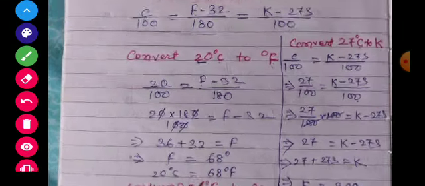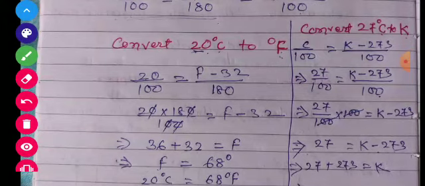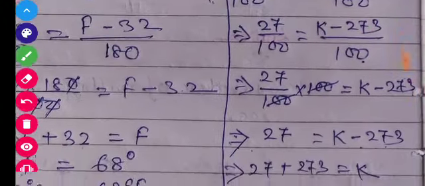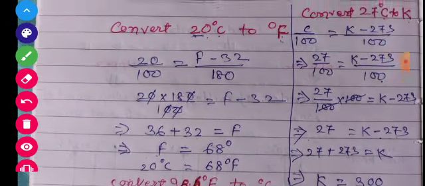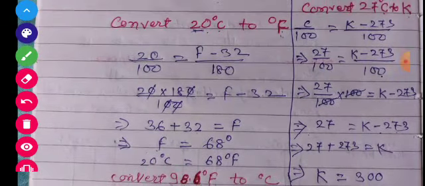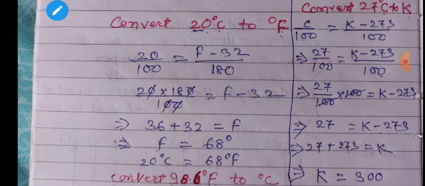We can convert this 27 degrees Celsius to Kelvin. In this case, students, if we want to convert it, for this one we'll have to take the first and the last term of the relation we had seen initially, that is C by 100 is equal to K minus 273 by 100.